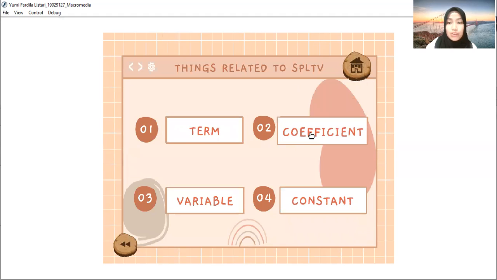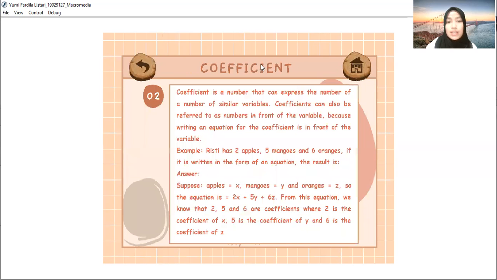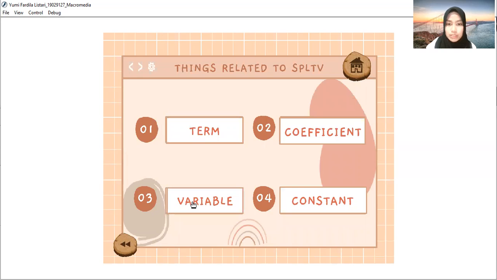The next is coefficient. The student can learn what the definition of coefficient is and what an example of coefficient is. Okay, the student can click the previous button again. The next is variable.